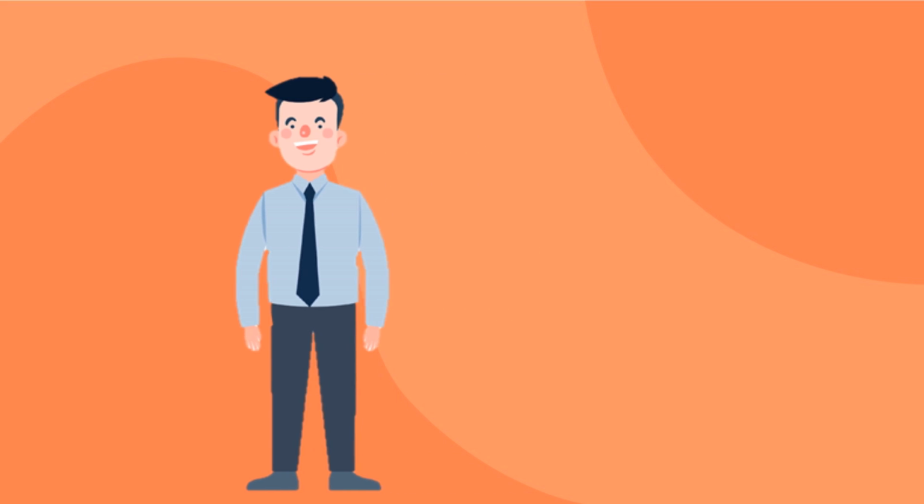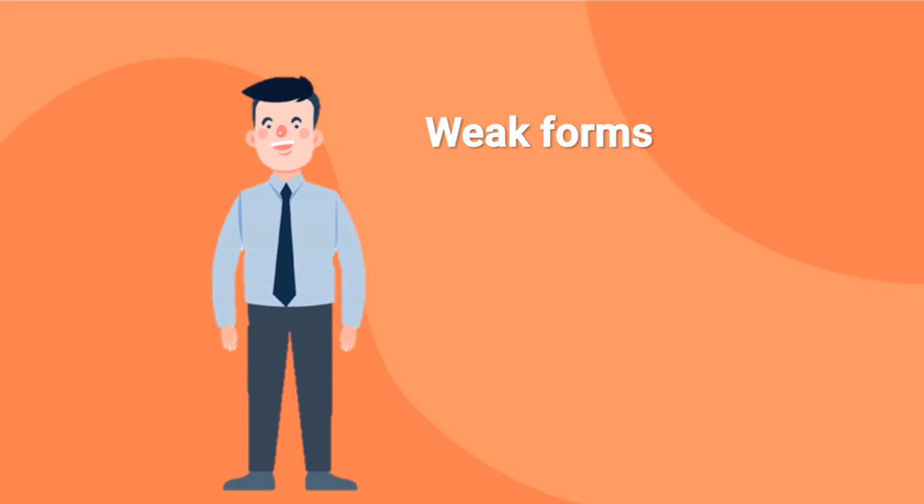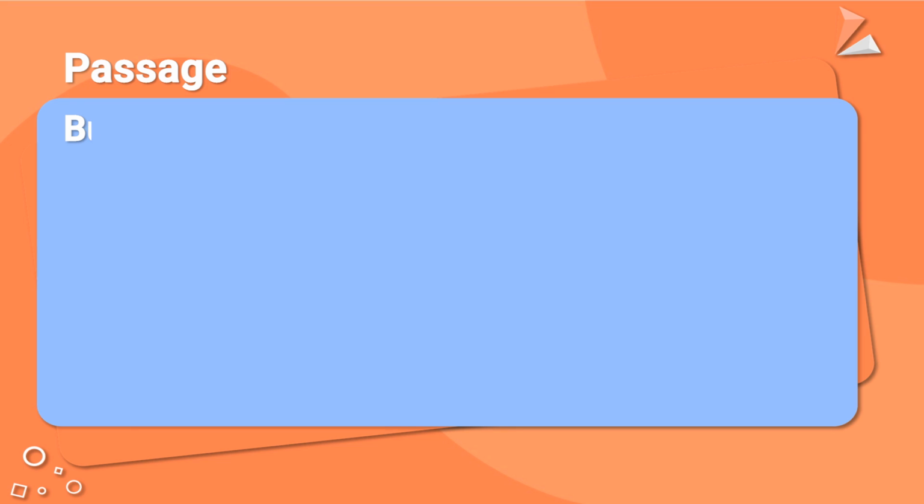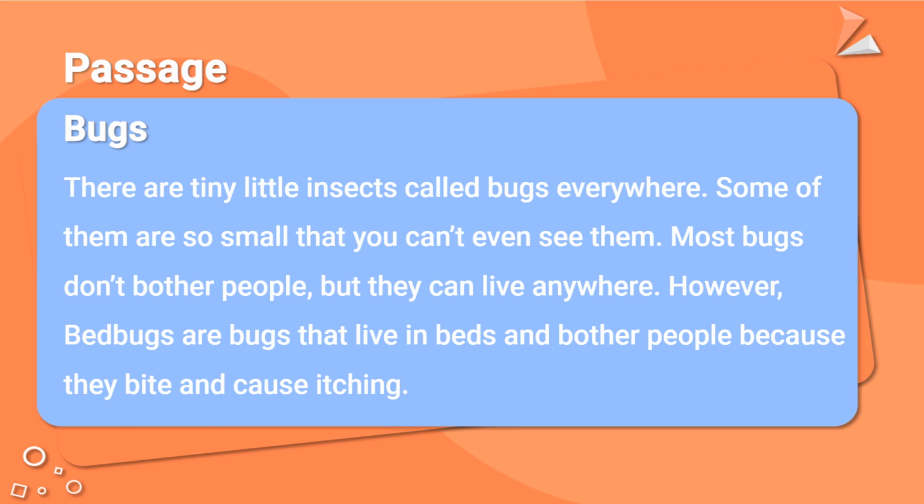Well, having looked at weak forms, word boundaries, compound words, and phrases individually, let's see if we can recognize each of them in a short passage. There are tiny little insects called bugs everywhere. Some of them are so small that you can't even see them.